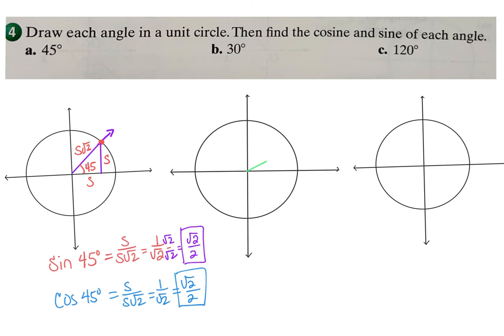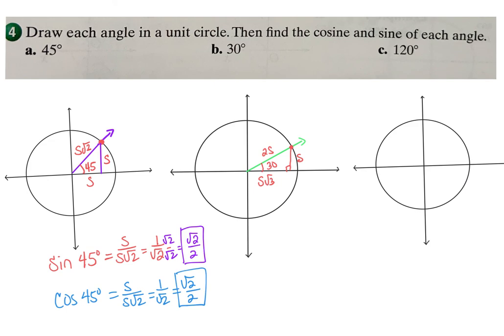30-degree angle is going to be somewhere about right here, and it ends on the unit circle right there. All right. This is my 30. This is my short side, correct? Short side's always opposite my 30-degree angle. So my short side is my height here. This one then would be side square root of 3, and this would be 2s.